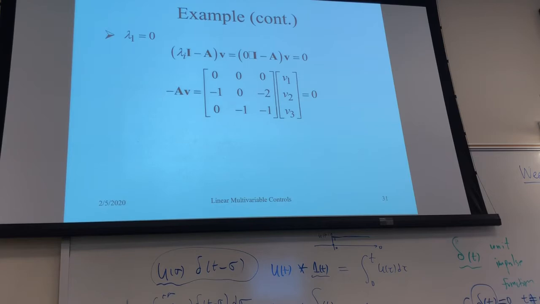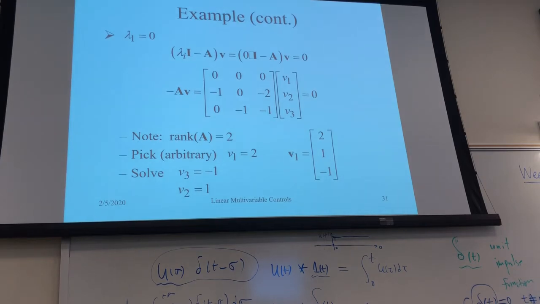Because rank A is 2, you have all 0 there, so rank is 2. Then we can put V1 as any number, 1 or 2, arbitrary. Given V1, you will be able to get V3 and V2. So this V1 vector is not unique; you just get one of these. You can also write V1 as this one, it doesn't matter.